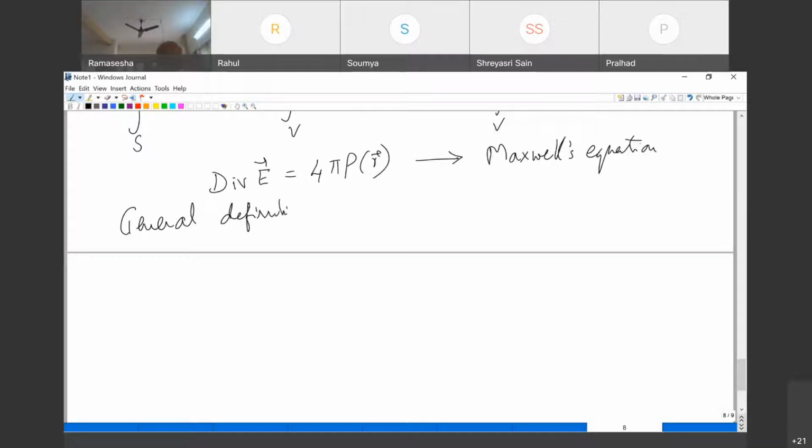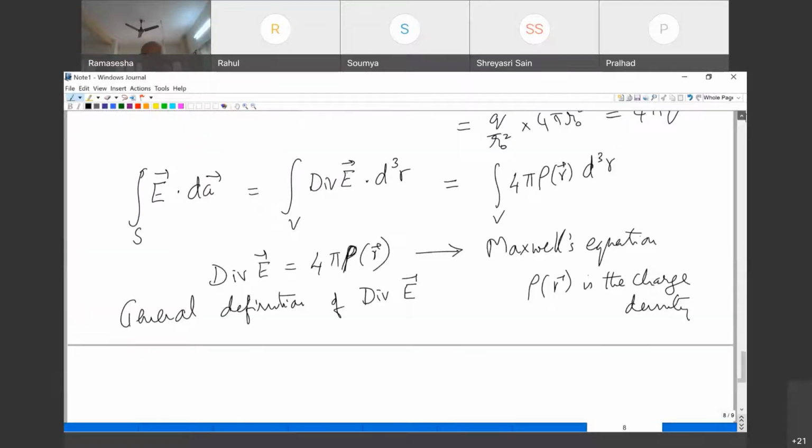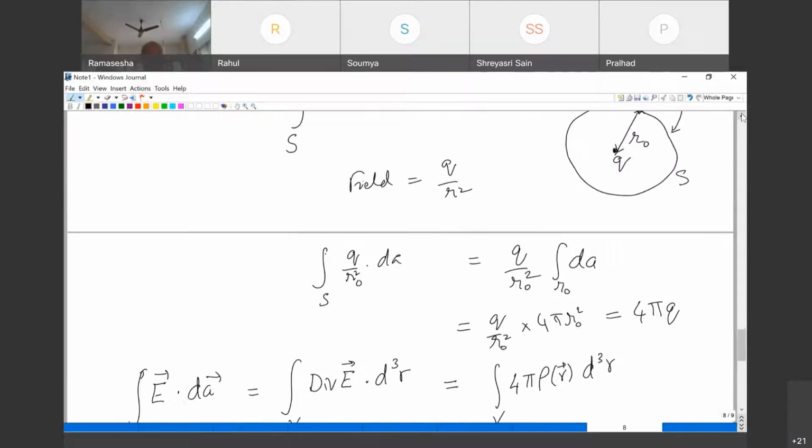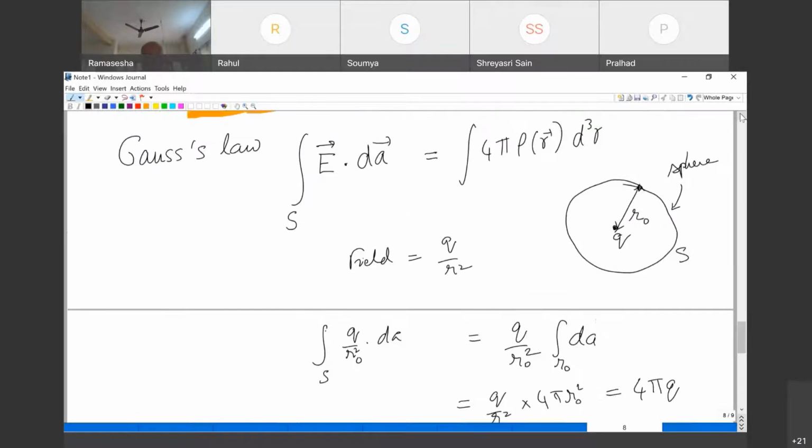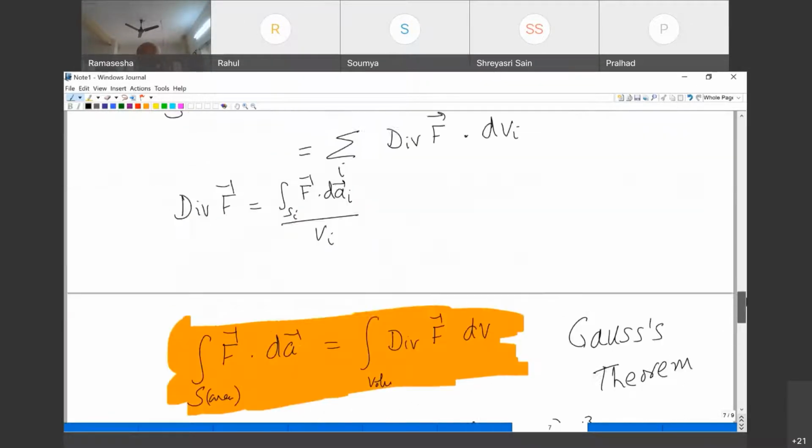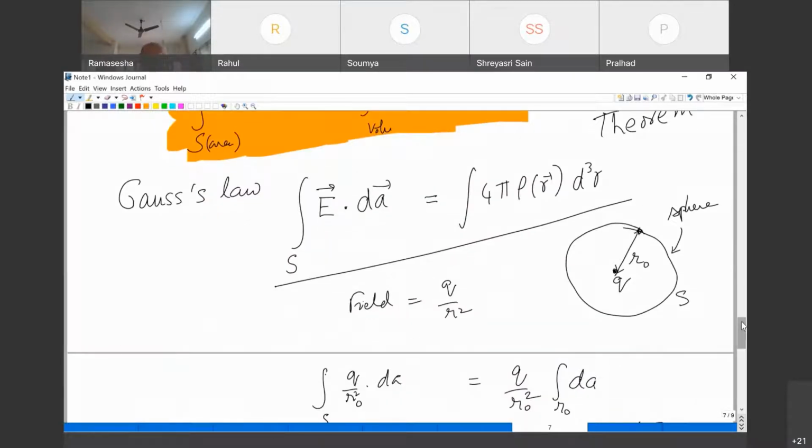Rho of r is the charge density, not P. That follows from Gauss's law, E dot dA equal to 4 pi times the total charge enclosed by the surface, which is charge density times d cubed r. This is Gauss's law.